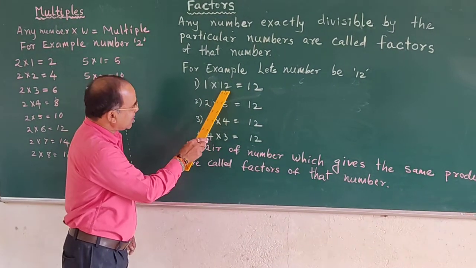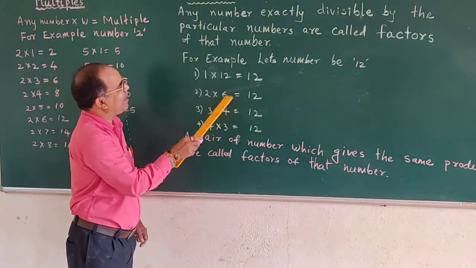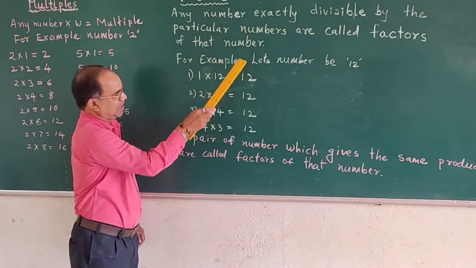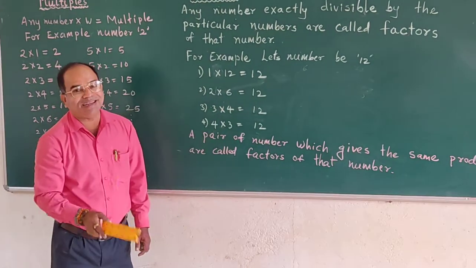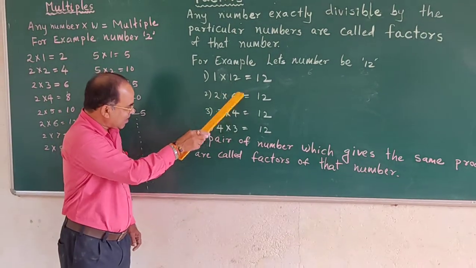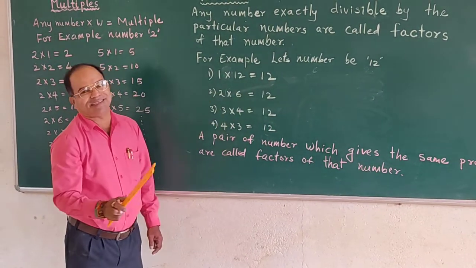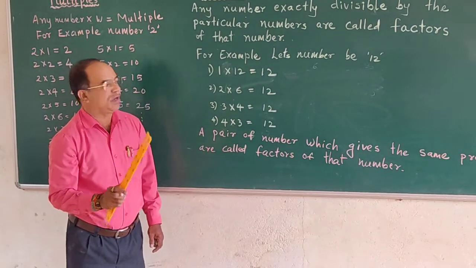So 12 is exactly divisible by these numbers, which means the remainder is 0.